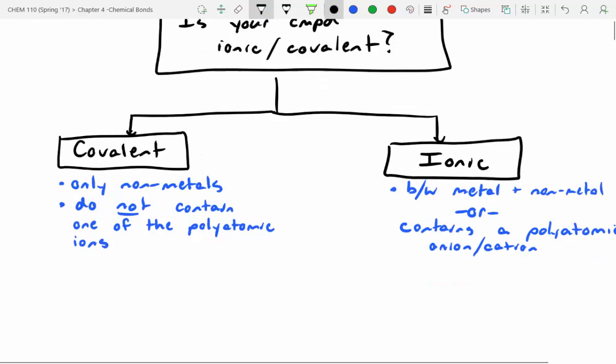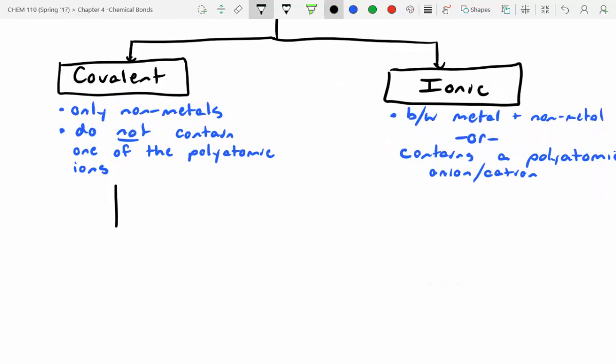Covalent ones are pretty easy, right? What was the rule with naming a covalent compound? Close. So naming for covalent compounds, we don't have a cation, right?